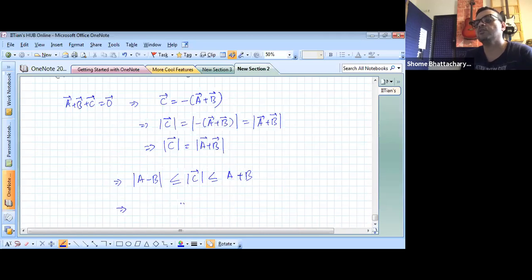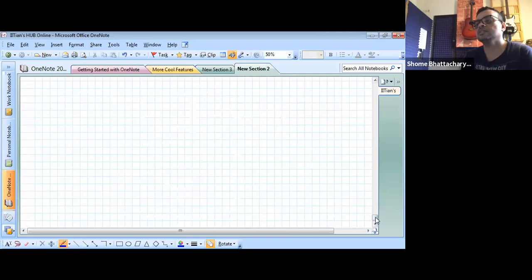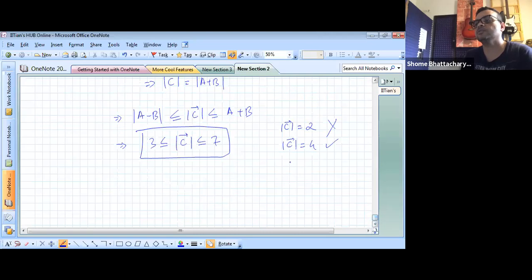So mod of C cannot exceed 7, but also cannot be less than 3. Therefore, C equal to 2 is not possible. C equal to 4 is possible. C equal to 7 is also possible, but C equal to 9 is not possible.